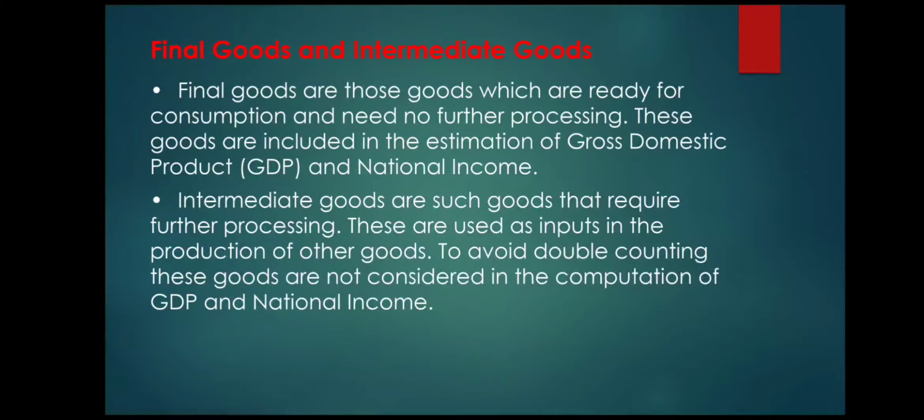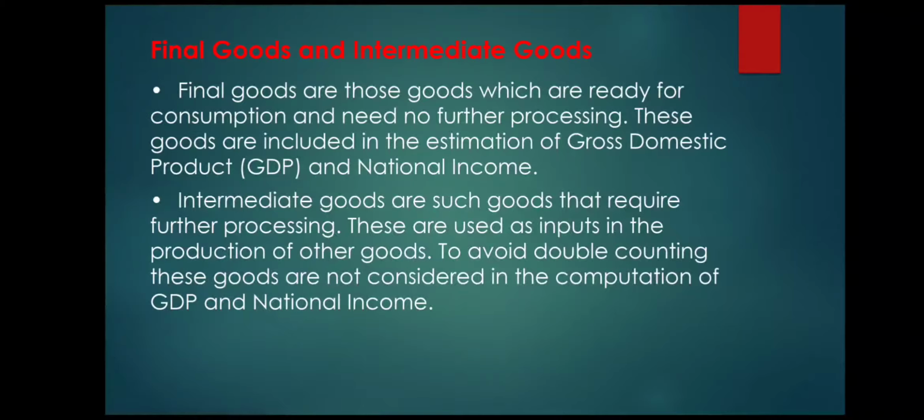These goods are included in the estimation of gross domestic product and national income. So final goods are those goods which are being consumed by the final consumers, by us, and do not require any further processing.